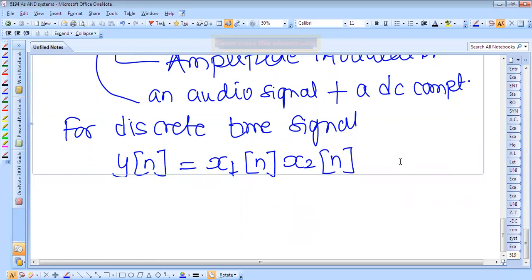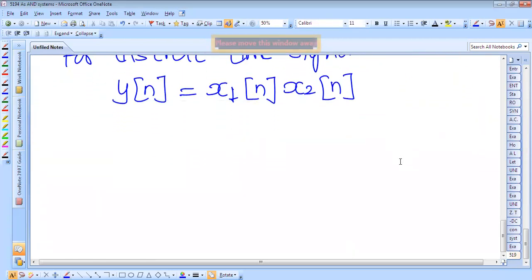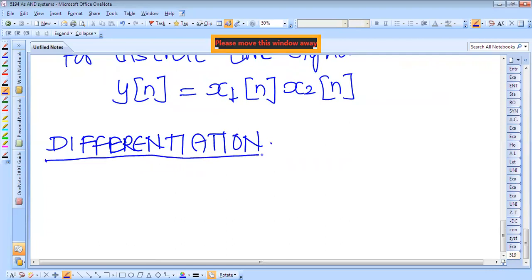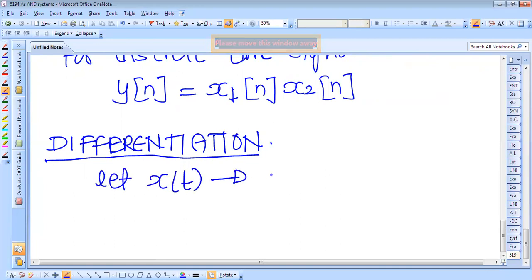The next operation is the differentiation. Let x of t be a continuous time signal.